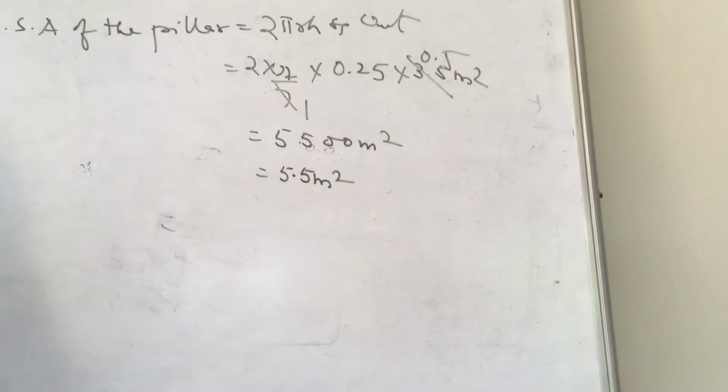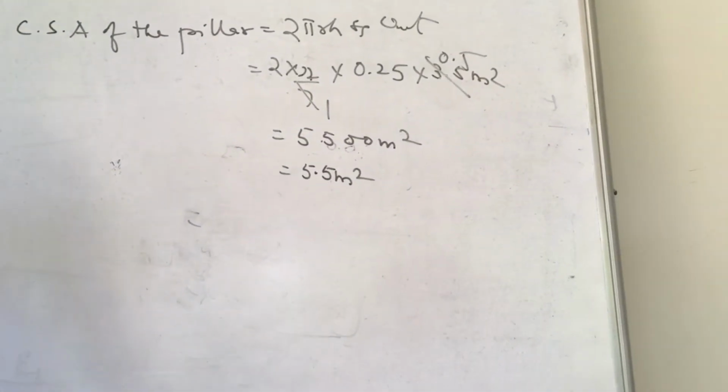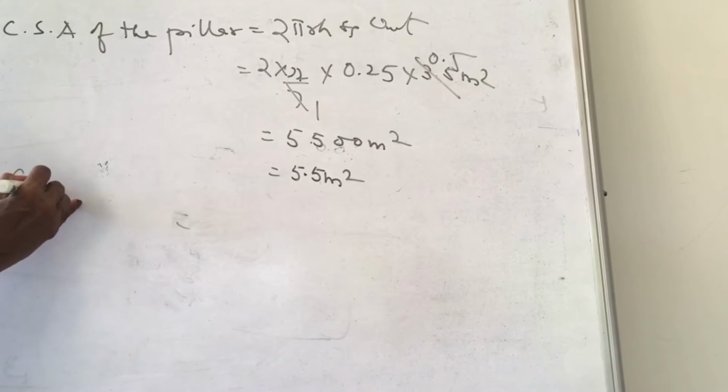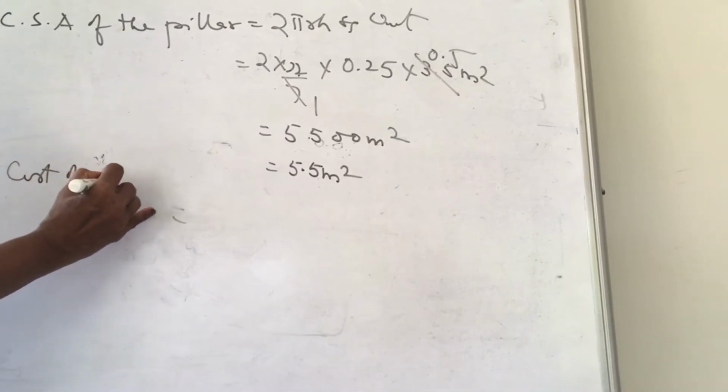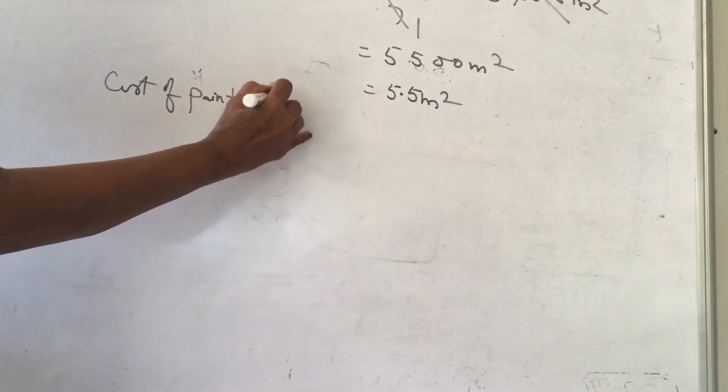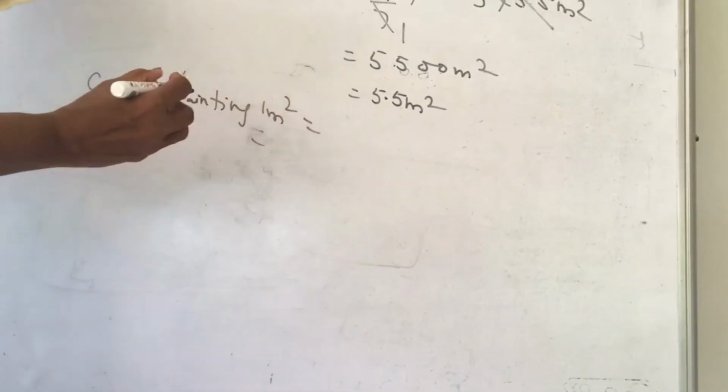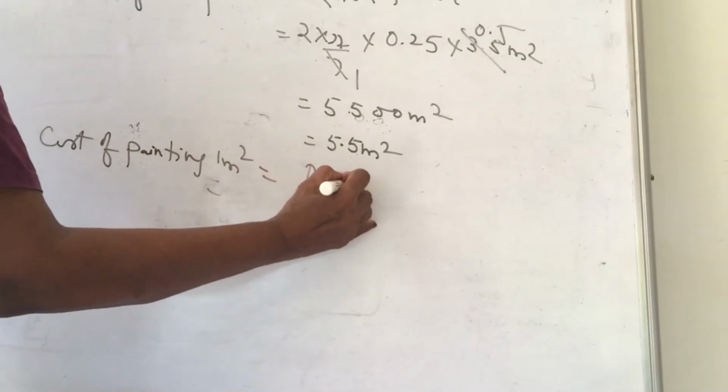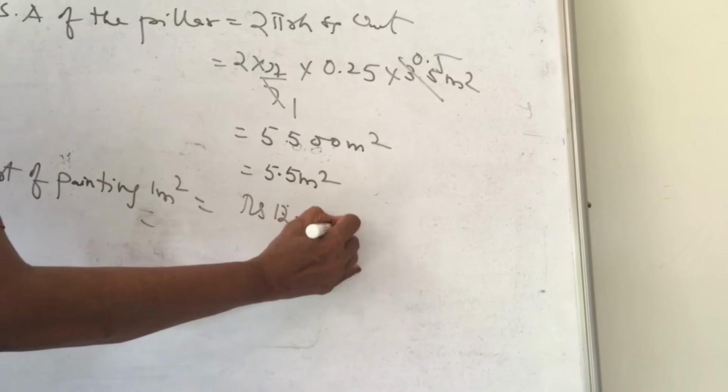What is the cost of painting 1 meter square? Cost of painting 1 meter square is equal to how much, children? 12 rupees 50 paise.